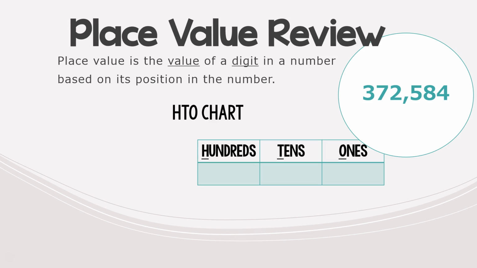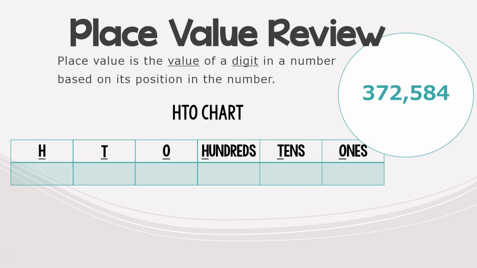And then we move into our thousands period, where we have our ones, tens, and hundreds again, but we have to make sure that we put that TH for 1,000, the TH for 10,000s, and the TH for 100,000s. Each period will always be broken up by a comma. So you will always add a comma after a set of 3, or a period.